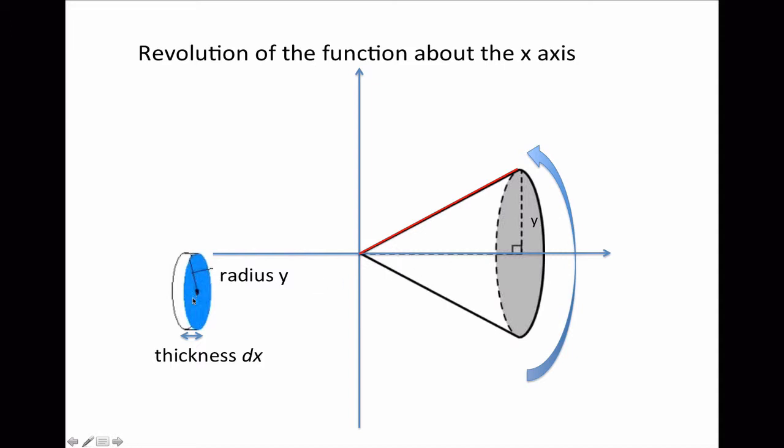So what's the volume of this small disk going to be? Well, we know the volume of a three-dimensional object is the area of the cross-section times its thickness. In this case the cross-section is a circle, we have a disk here. The area of a circle is pi r squared, so in this case it's pi y squared.